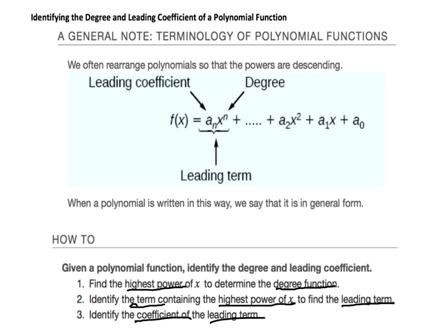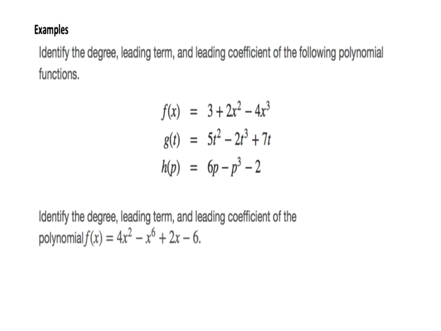And then you're going to identify that coefficient to know what the leading coefficient is. So identify the degree, which is n, the leading term, and a sub n is the leading coefficient. The degree is n, and the leading term is the entire term.